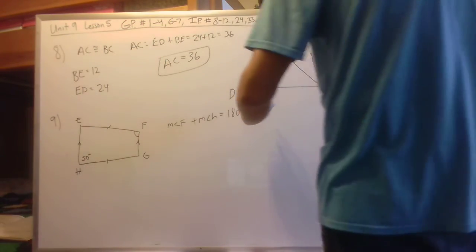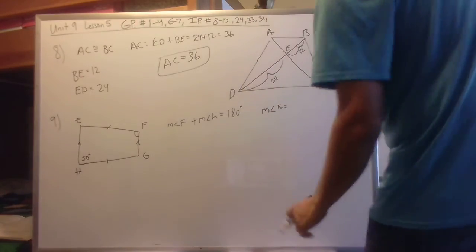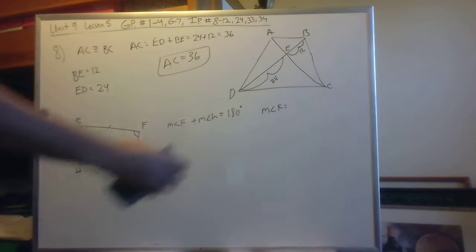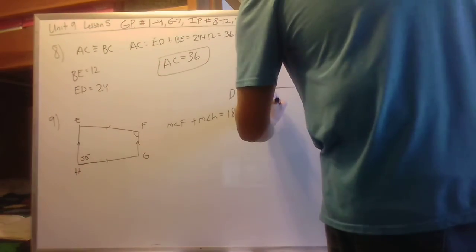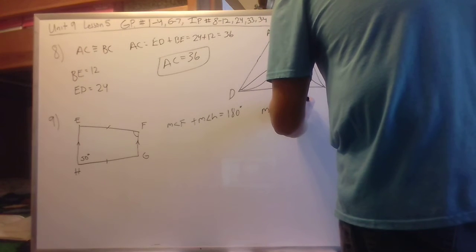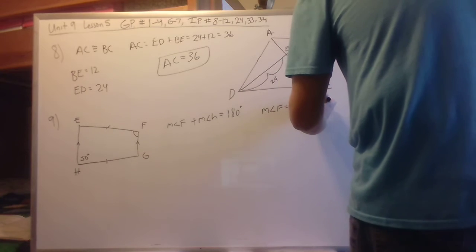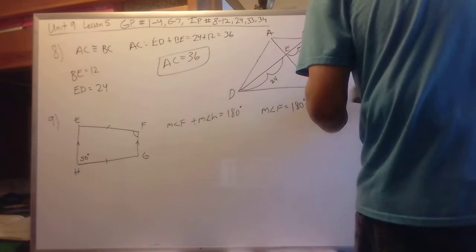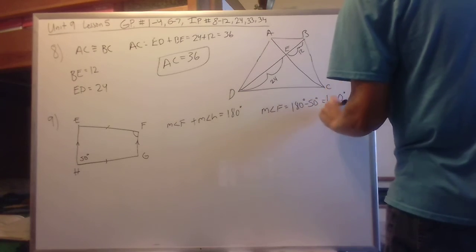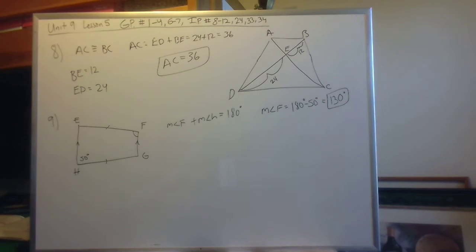To find the measurement of F, we take 180 degrees and subtract 50, which gives us 130 degrees. So 180 degrees minus 50 degrees is equal to 130 degrees. That is the measurement of angle F.